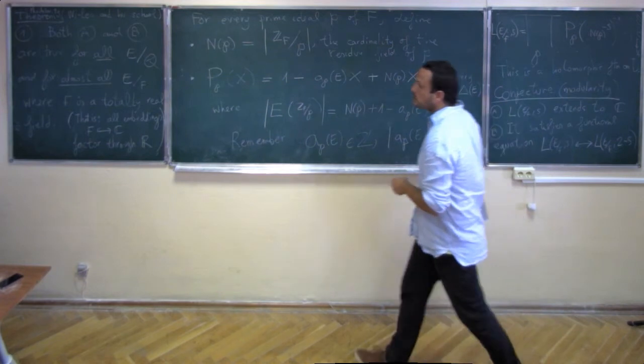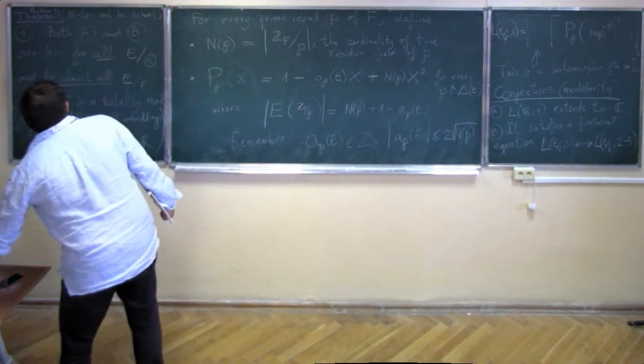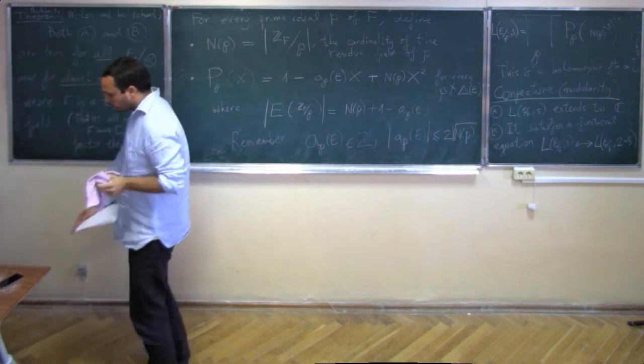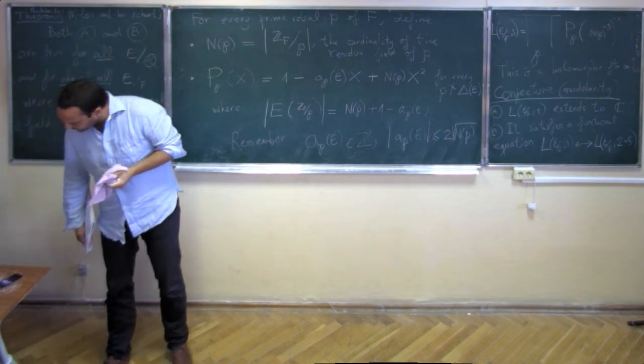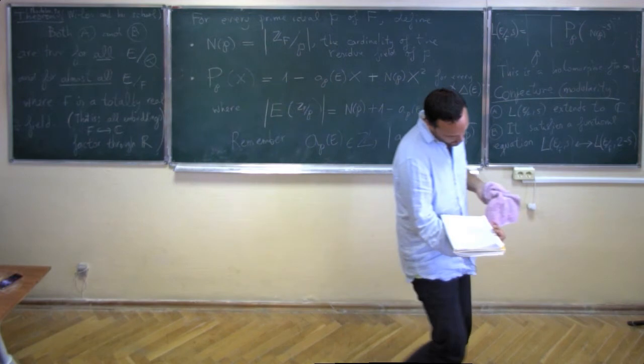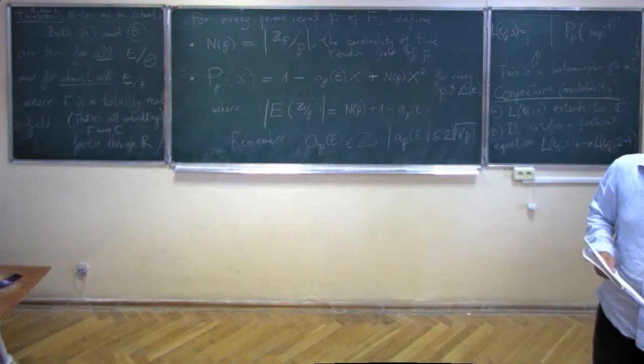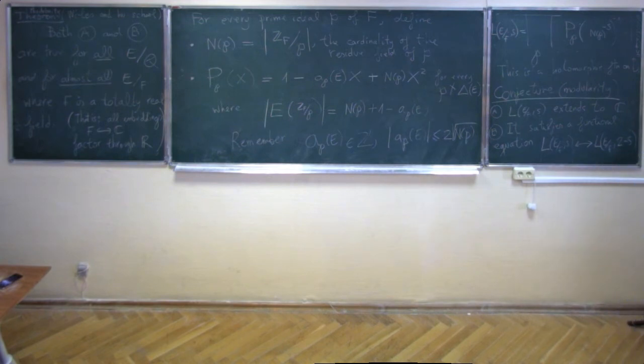And also, let me just put this part so that I have more time to explain other things. This is a theorem of Wiles and many other people: Diamond, Skinner, Breuil, many people.